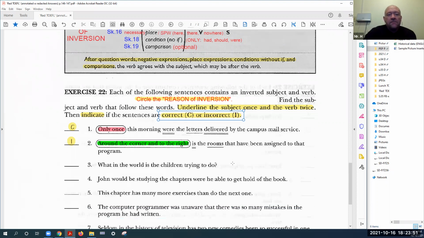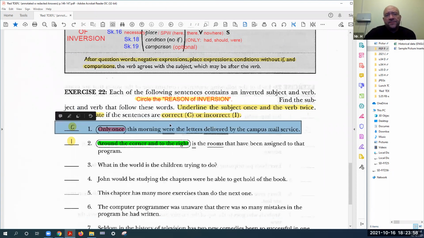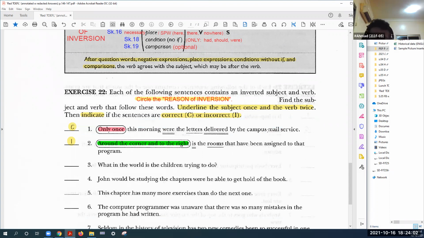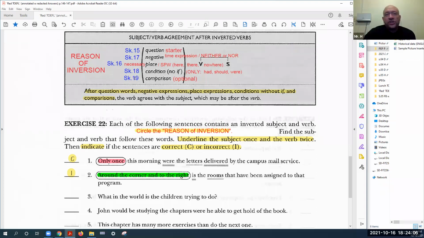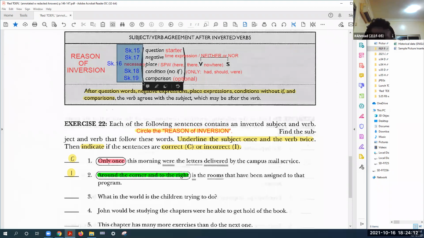So, let's see, Ahmed, can you read number 1 and explain it? Only once, that's a prepositional phrase. Which skill is that, by the way? Is that a conditional?